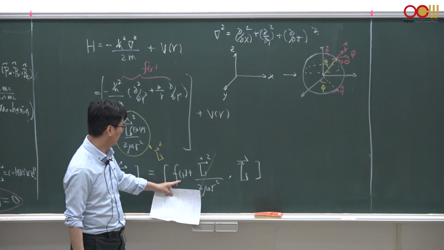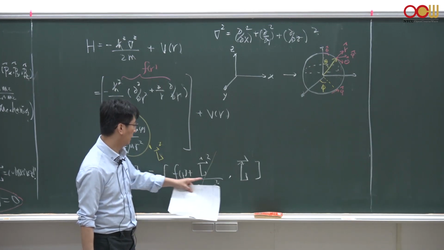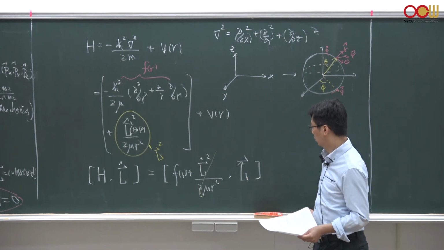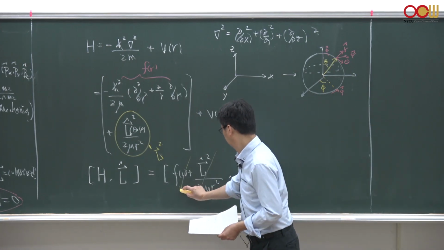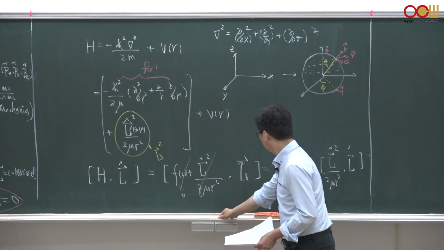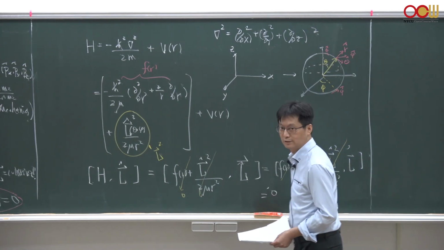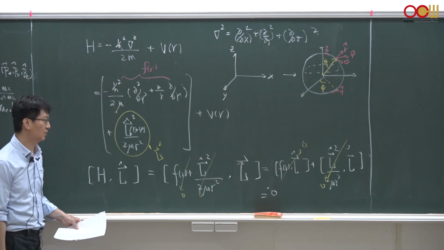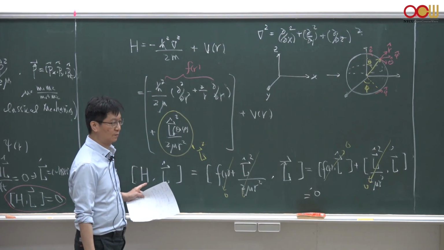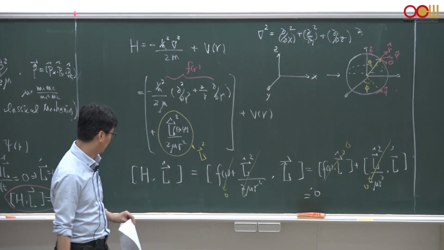And of course this f of r is a function of r, and L is a function of theta and phi, so of course they commute. So both commutators vanish. So we're done. This is a very elegant way of showing that this Hamiltonian in three-dimensional space commutes with the angular momentum vector L.